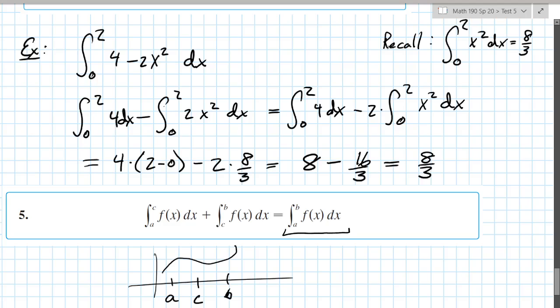So the integral from here to there is the same as the integral from a to c, and then plus c to b. That's what that says. We can split the integral up into pieces and stop in the middle, like that.